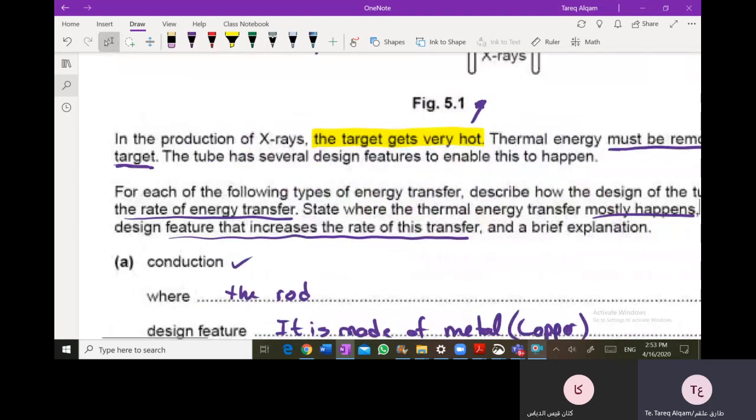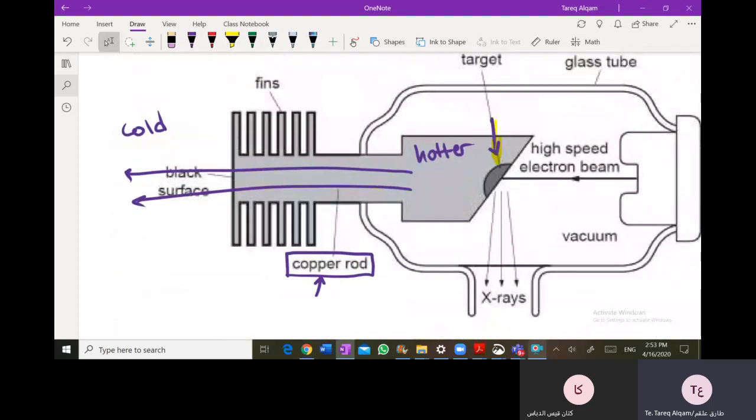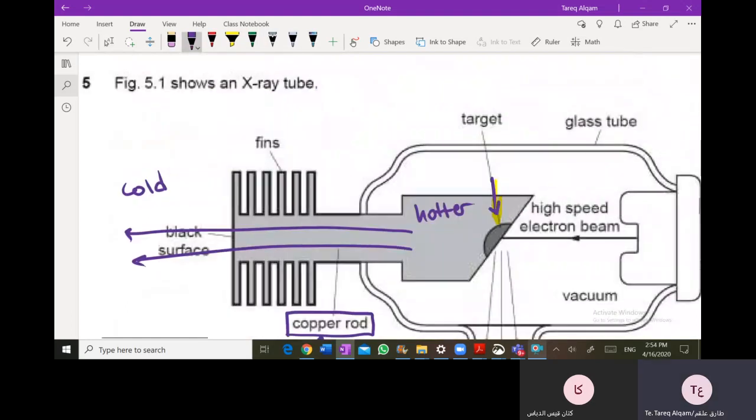Now convection. Convection means the heat here will be transferred vertically up. This is the convection, right? And the warm air here, guys, near the fence, will rise up.